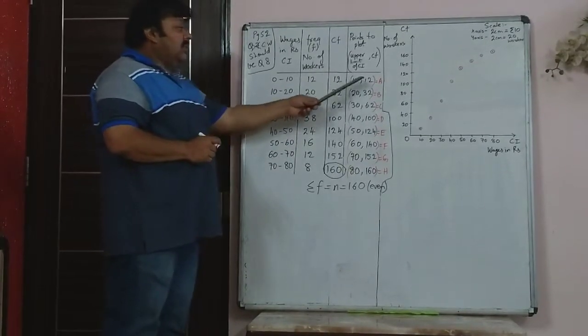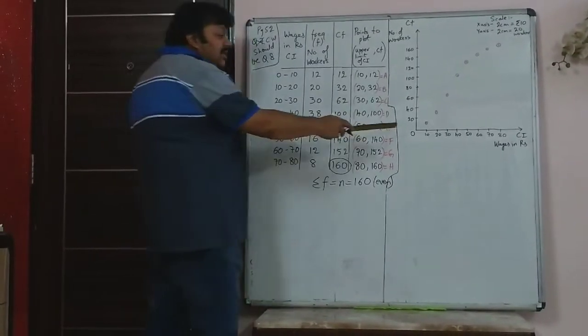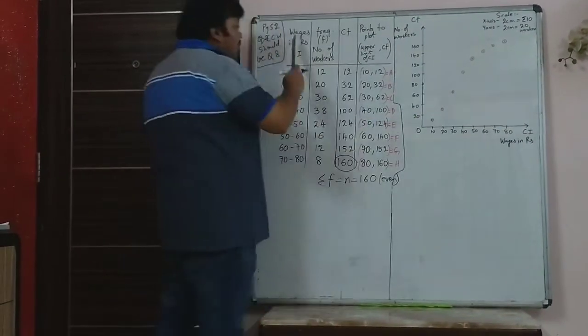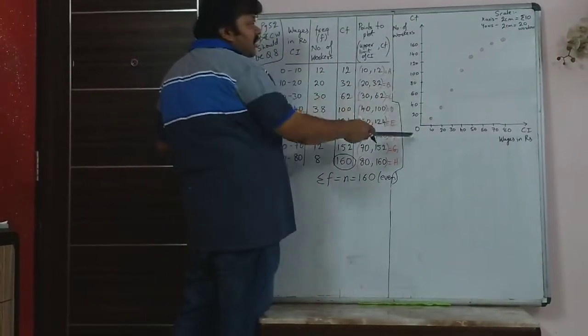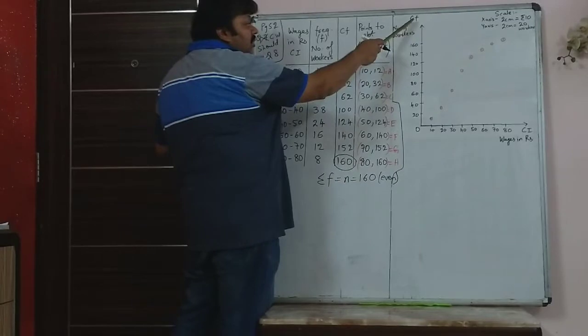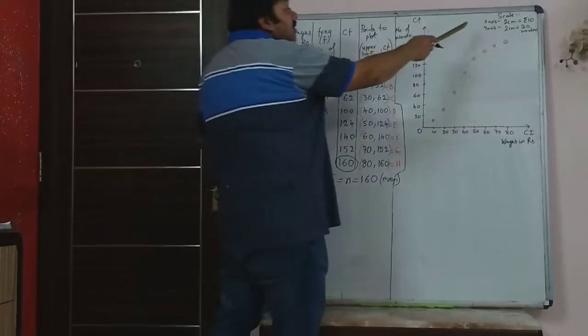So 10 comma 12. When I draw the graph, the x-axis is the class interval, and the y-axis is the cumulative frequency, the number of workers. I need to write the scale.